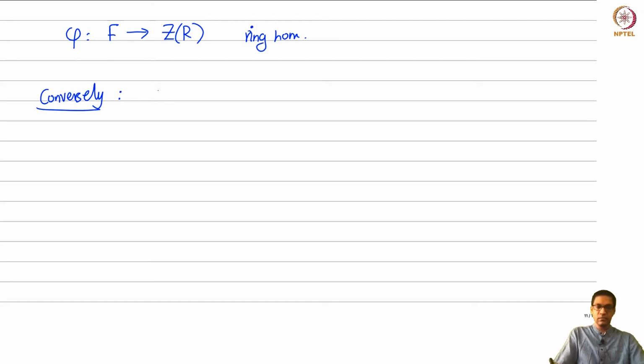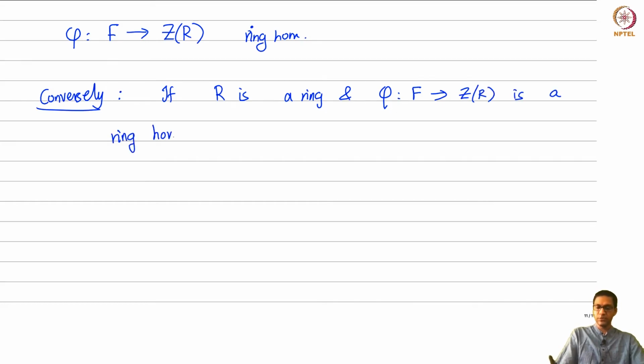Conversely, given such a ring homomorphism, if R is a ring, then R is actually an F algebra.